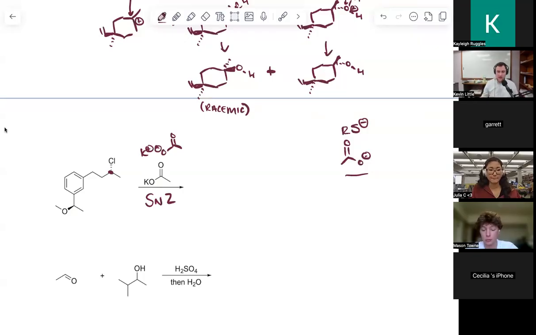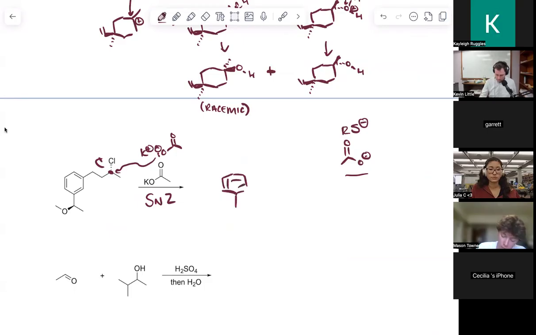But if it was NaOH or something with just an O minus on a secondary, then it's going to be an elimination more often than not. So this is nucleophile effects. What is acting as a nucleophile can affect what you get. So yeah, this is going to add into here. And I get an inversion of stereochemistry.